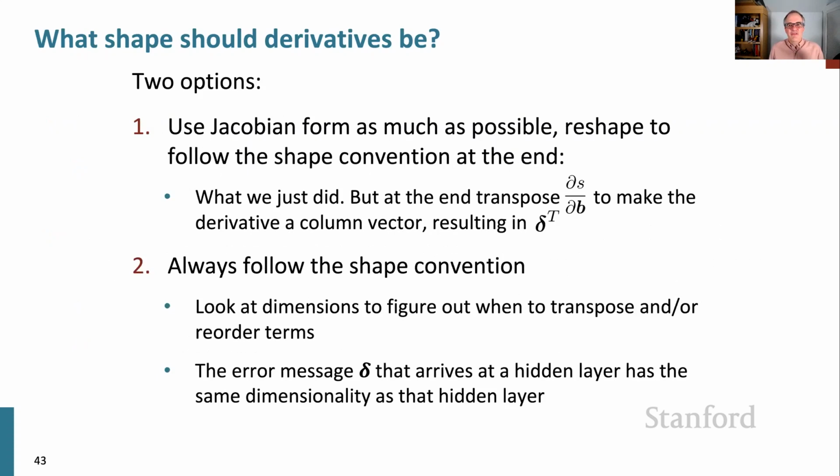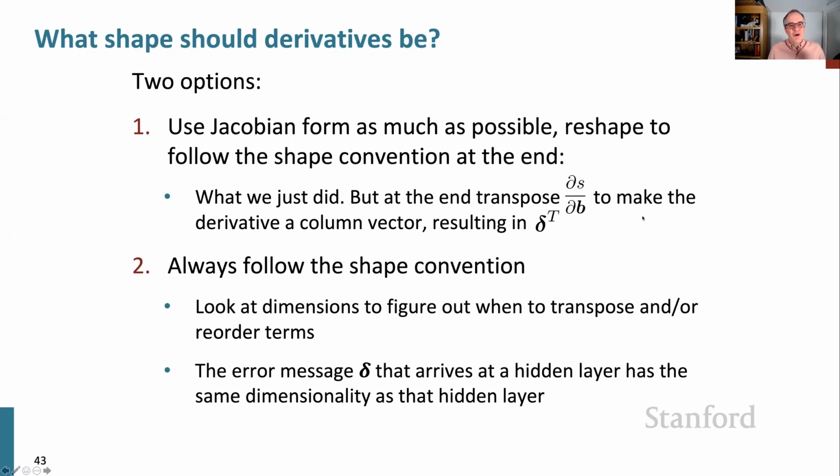So for working through things, there are basically two choices. One choice is to work through all the math using Jacobians and then right at the end to reshape following the shape convention to give the answer. That's what I did when I worked out dsdb.